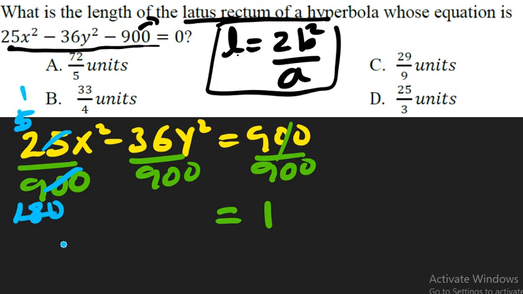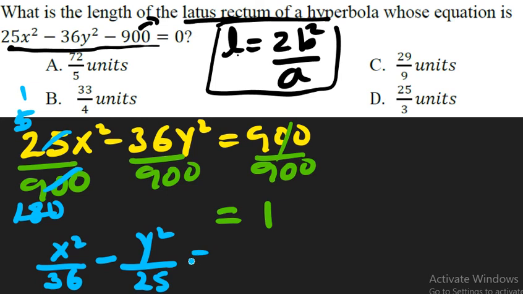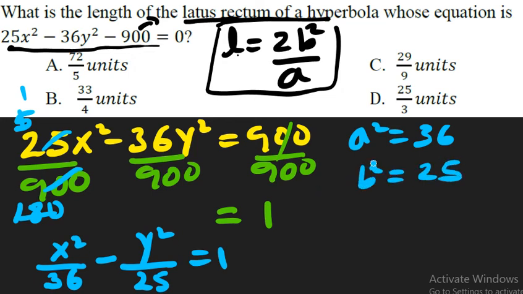So x square over 36 remains, minus the next one y square, because if it is 36, the other one will be 25, obvious. So y square over 25 is equal to 1. You'll have this. So here a square is equal to 36, the denominator of the first, and b square is equal to 25. We do have these two.